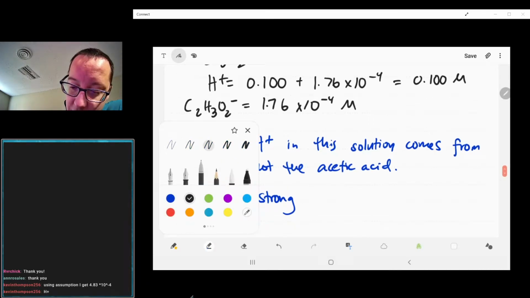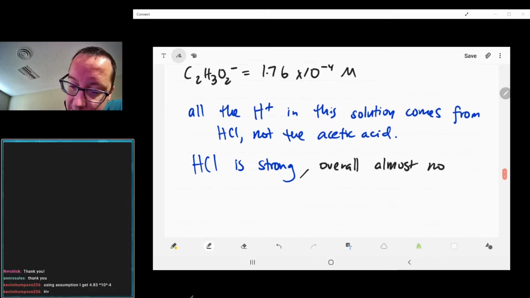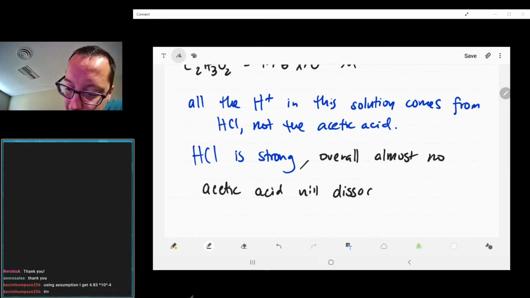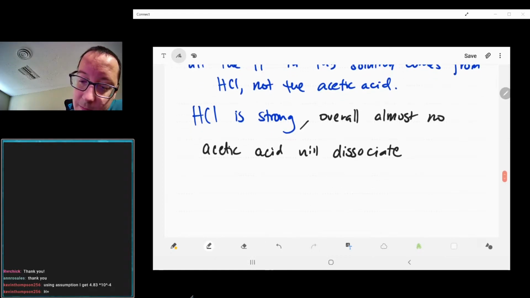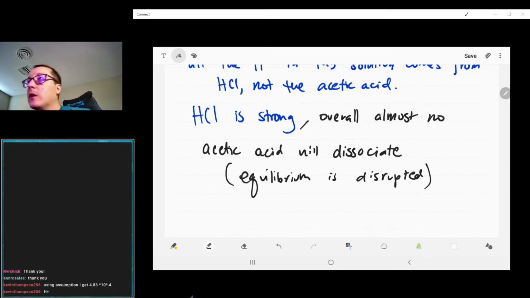And so we can see that overall, almost no acetic acid will dissociate, i.e., the equilibrium is disrupted. So we're going to see that this common ion idea can be used to force an equilibrium to go one way or another.